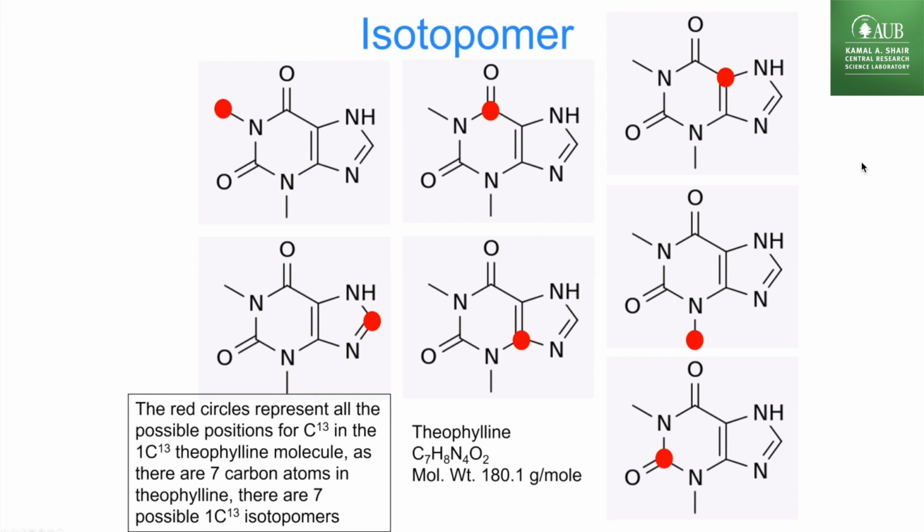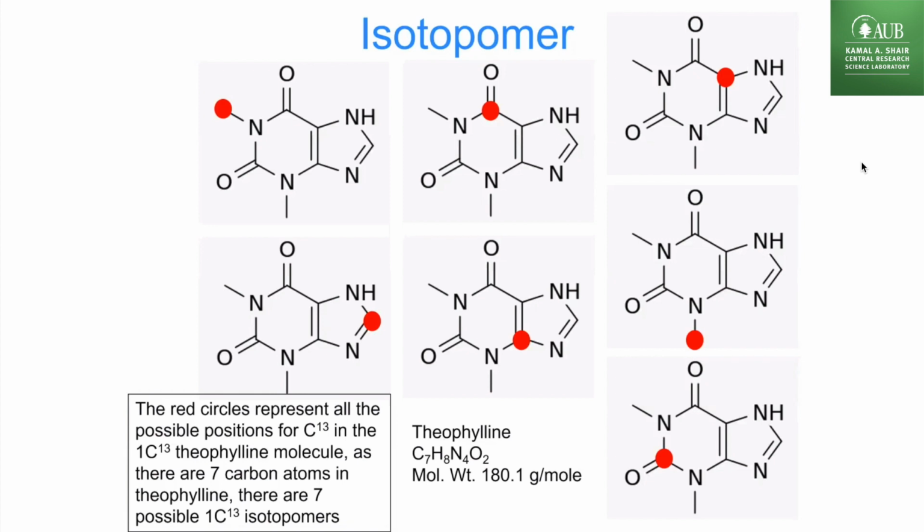Those are the red dots. Each one of the red dots has a 1% chance to be a C13. There can be a C13 at any of these red dot positions, and it will have the same mass as one C13 isotope. So that's important to mention.